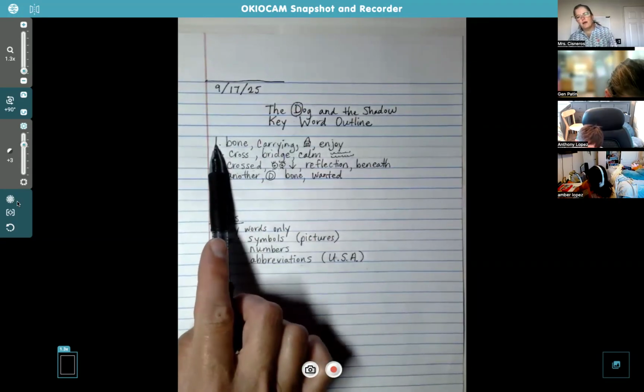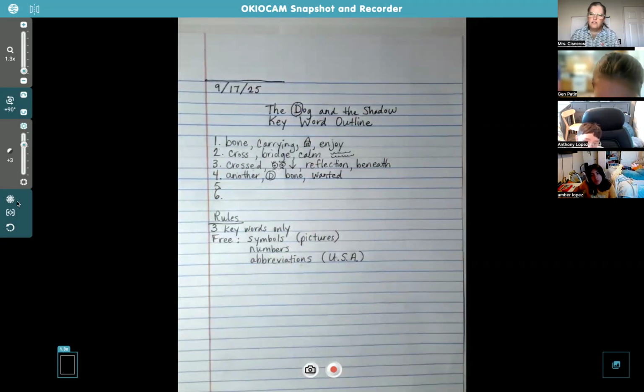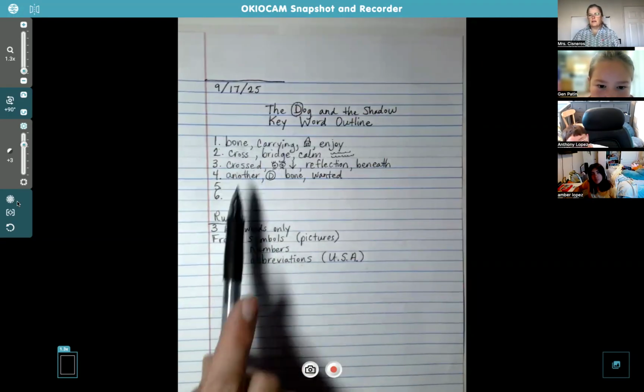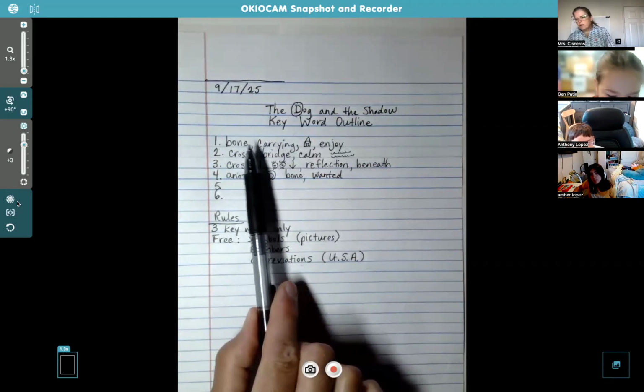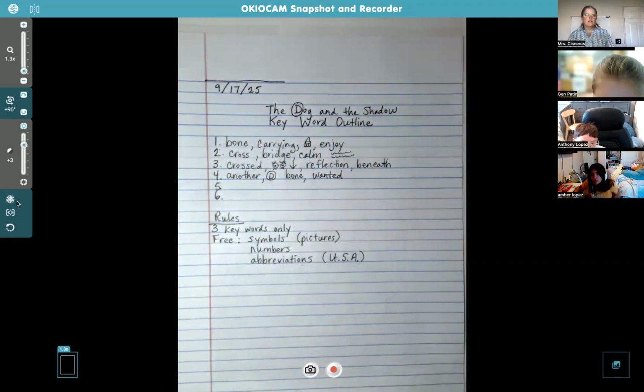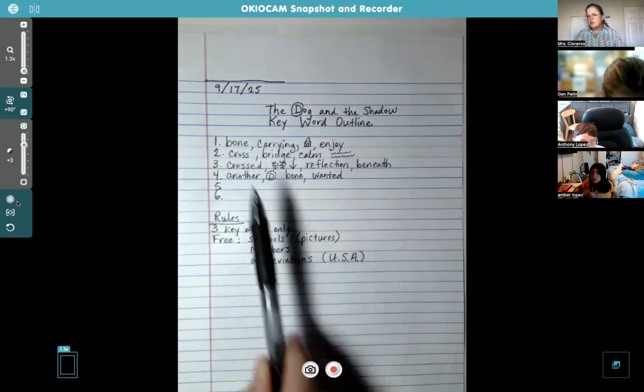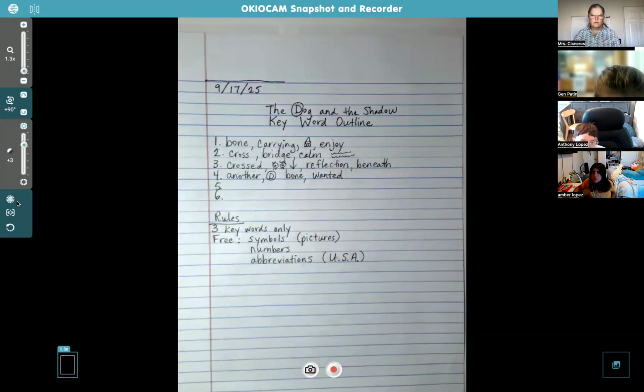You're going to look at number 1. And by the way, turn the original story upside down. So you're not looking at the original anymore. Only look at the outline. Number 1 says bone carrying home and joy. So in my head, I'm going to think of a sentence using those keywords.